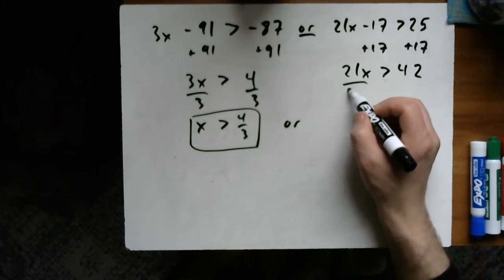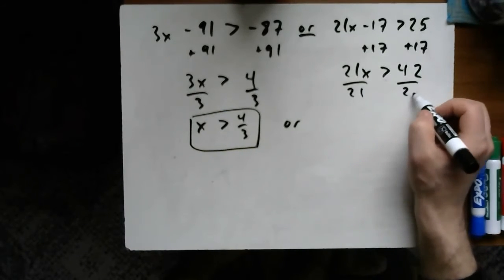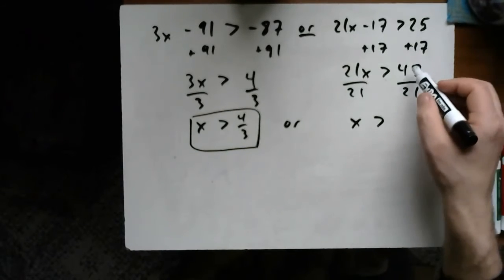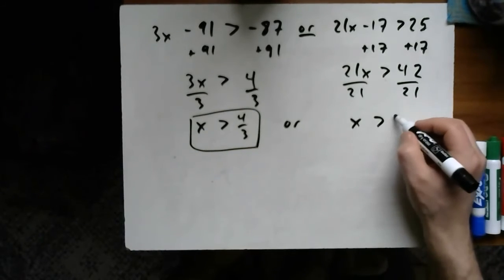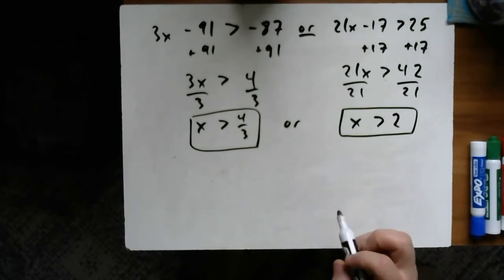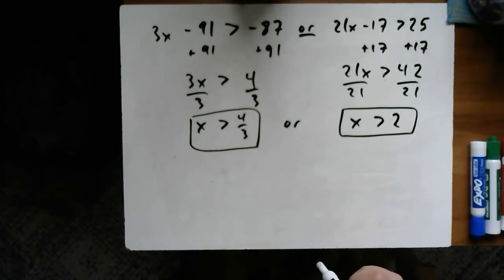Divide by 21 on both sides, leaving me with x is greater than 42 divided by 21, which is 2. All right, and so that's the solution. X is greater than 4/3, or x is greater than 2.